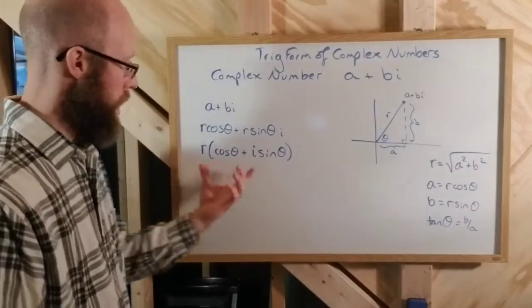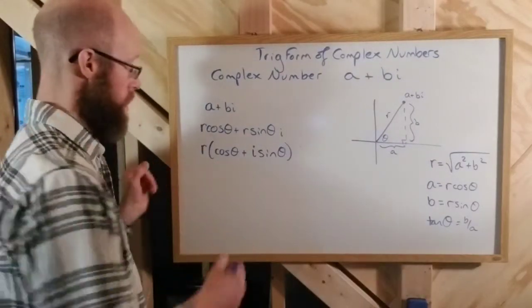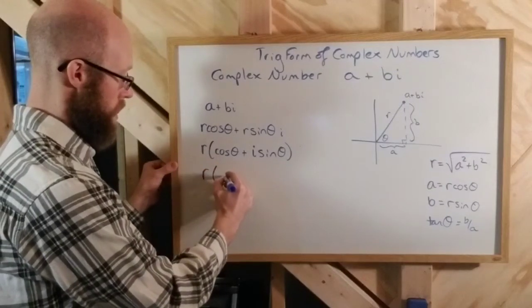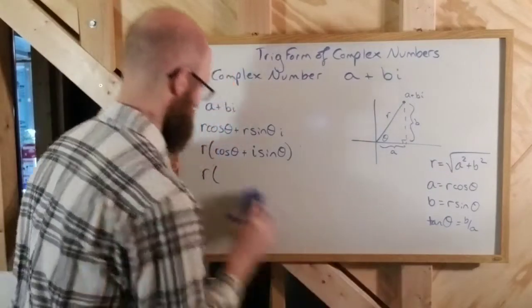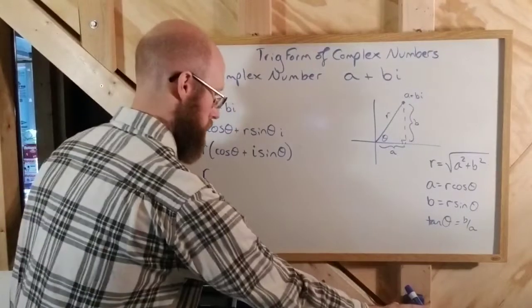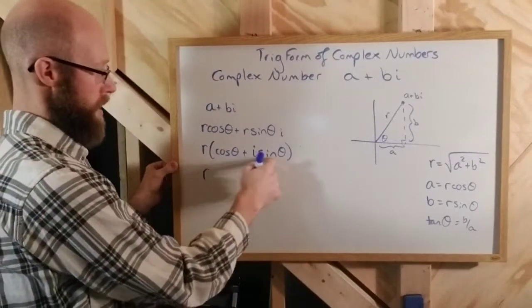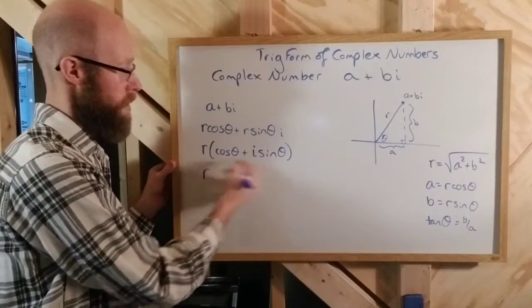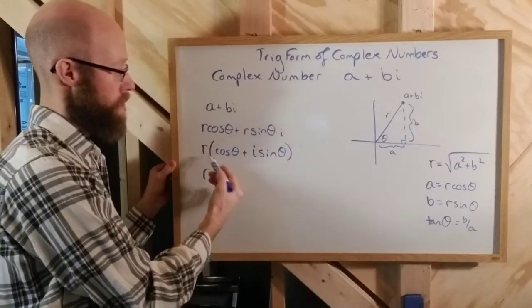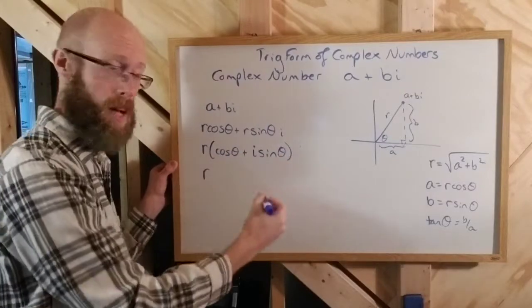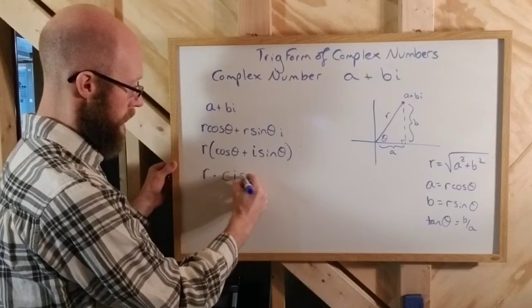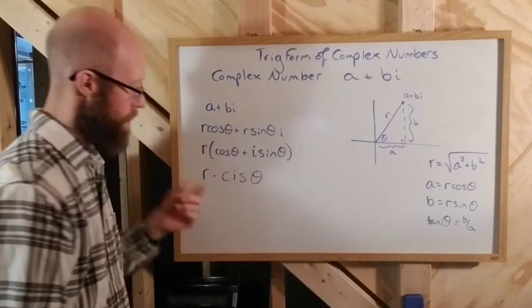Okay, we also have a shorthand form of this. The cosine plus i sine is a very common expression in the study of complex numbers. And so to simplify that, instead of writing that out every time, we use an abbreviation called CIS theta.